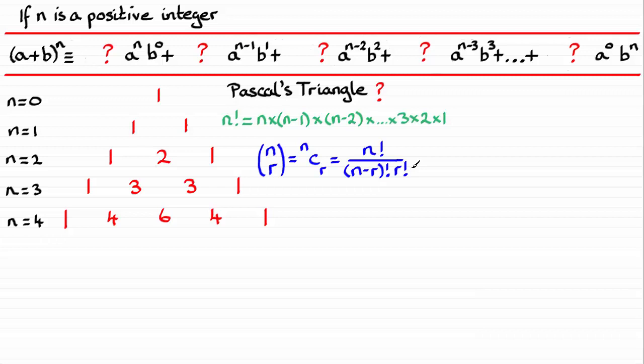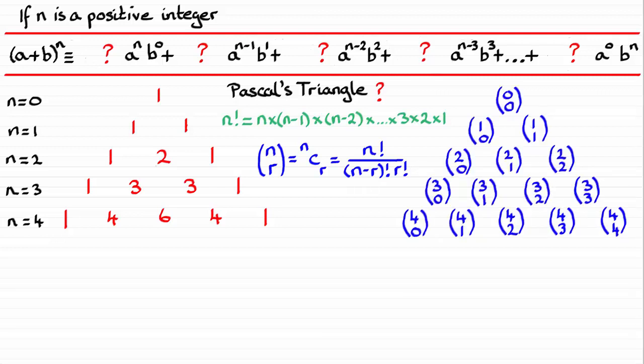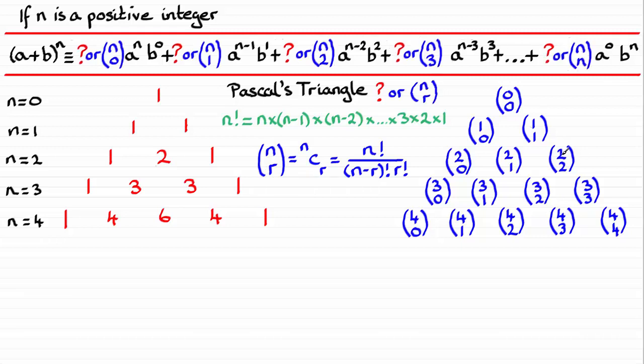And how did this help us? Well, I showed you that if you worked out certain values, 0C0, 1C0, 1C1 and so on, that these values gave us exactly the same values as we had in the respective places here in Pascal's triangle. So what that meant was that we could use this notation in place of these question marks, and it gave us a new formula, this formula here.